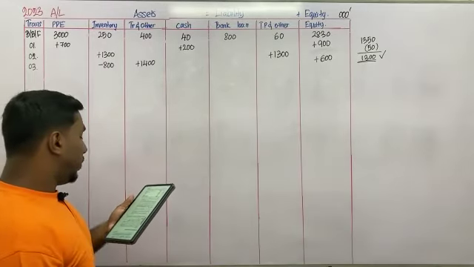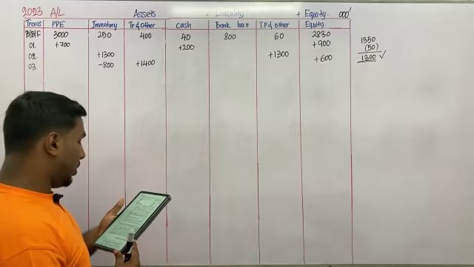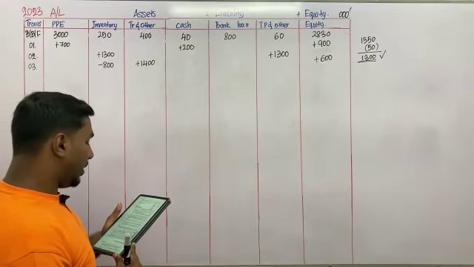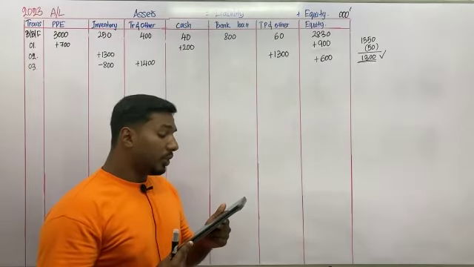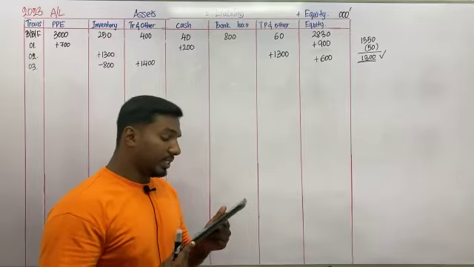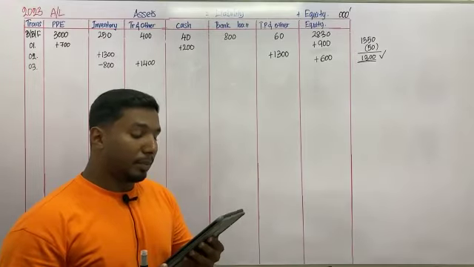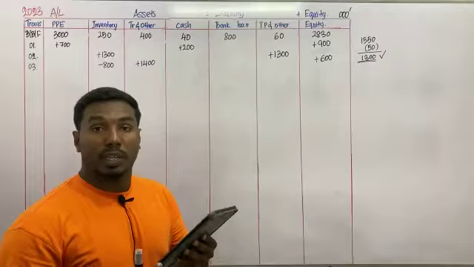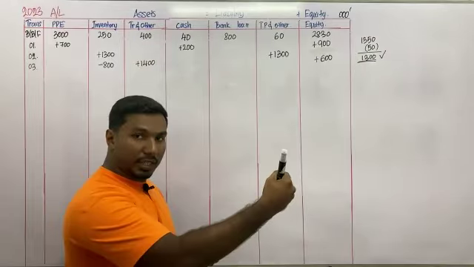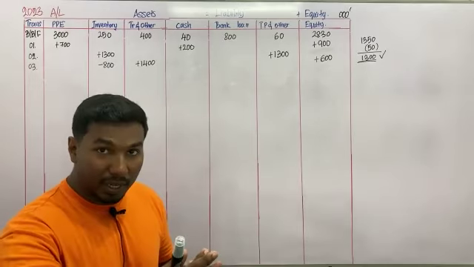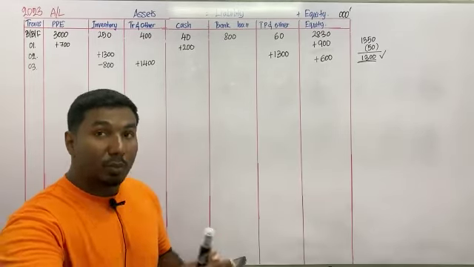Transaction number 4. Furniture costing 500 was purchased for the use of the business. 200 was paid in this respect at the same date and agreed to pay the balance in May 2023. So 500 purchased, 200 is given as cash, but 300 is remaining and 300 needs to be paid.